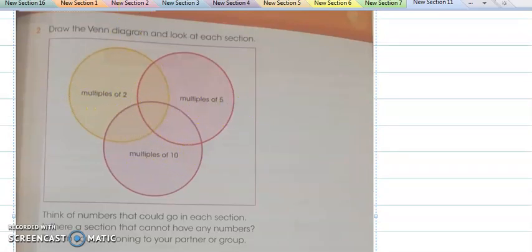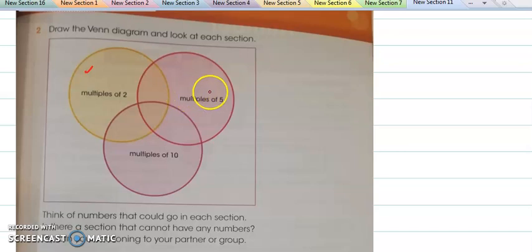So again, you should know, using the same rule that we used in the previous question, if any number is a multiple of 2 only, and you know the identification of a multiple of 2, it will have any even number at the end. So only multiples of 2 we will write here, only multiples of 5 will be here, and only multiples of 10 will be here.